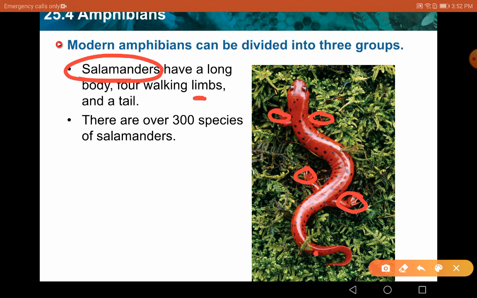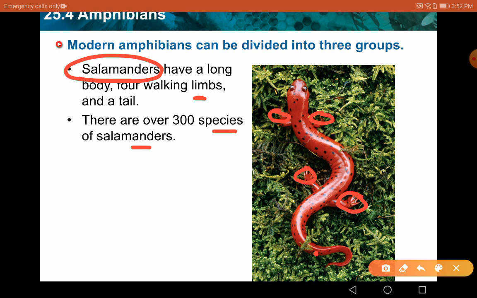There are over 300 species of salamanders. As you can see, I've already summarized the lesson in this form so as not to make you study a lot of information. But if you want to use your book to add more information, it's up to you.